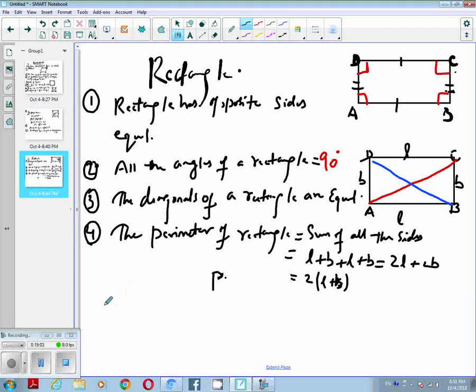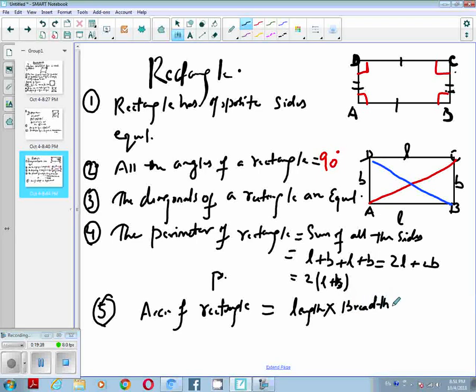Then about the area. Area of rectangle is equal to length into breadth, that is equal to L into B. Now again we need to find out the diagonal of a rectangle.